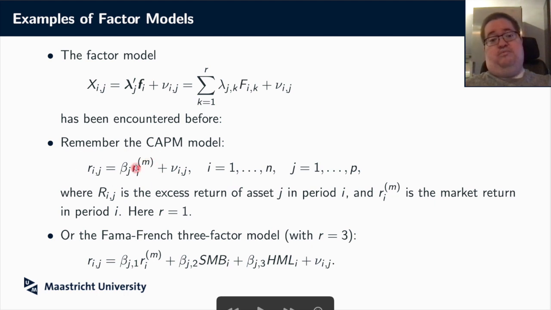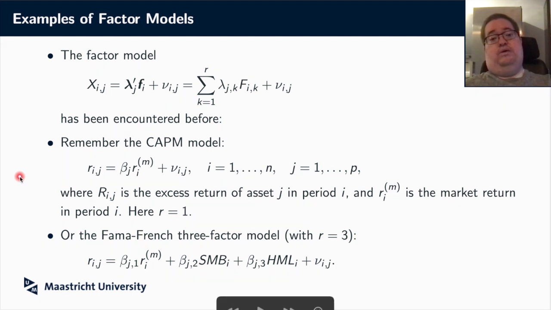And if we want to estimate the betas, you can just estimate those using least squares. It's just a regression of your dependent variables on your explanatory variable, in this case the market return. So if the factors are observed, everything can be estimated with least squares. There's nothing special about it.